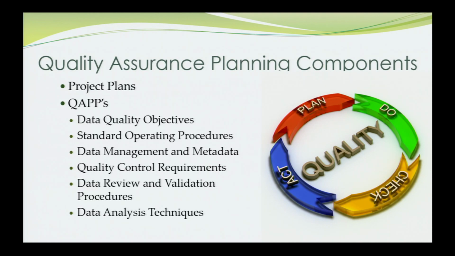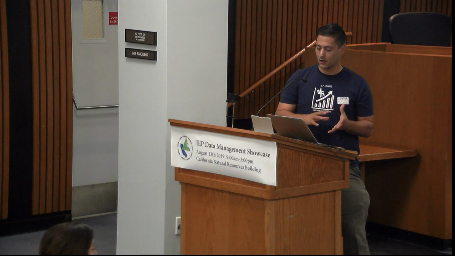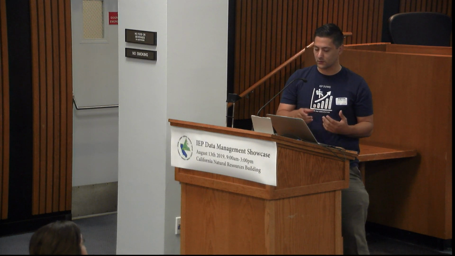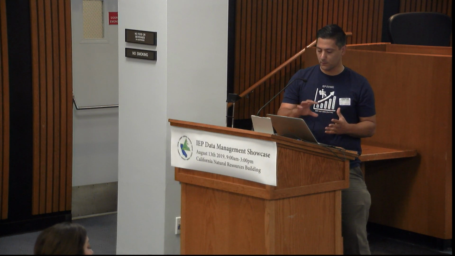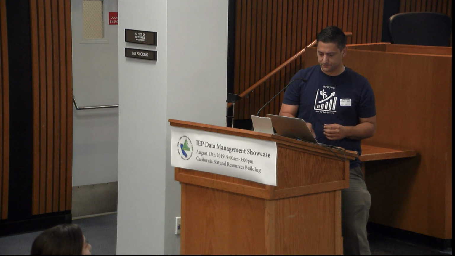All of that information will be spelled out in the quality assurance project plan, or QAPP, as people like to refer to it. The QAPP really is the beginning of that quality plan, do, check, act cycle, and it includes all of those different activities involved in that cycle.